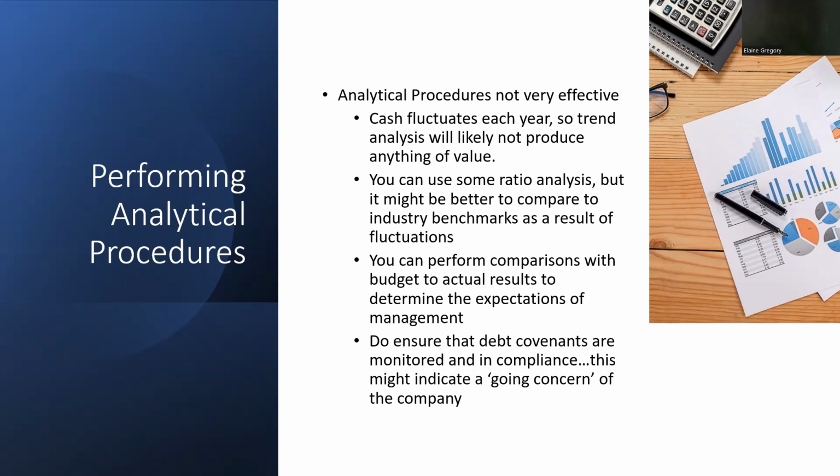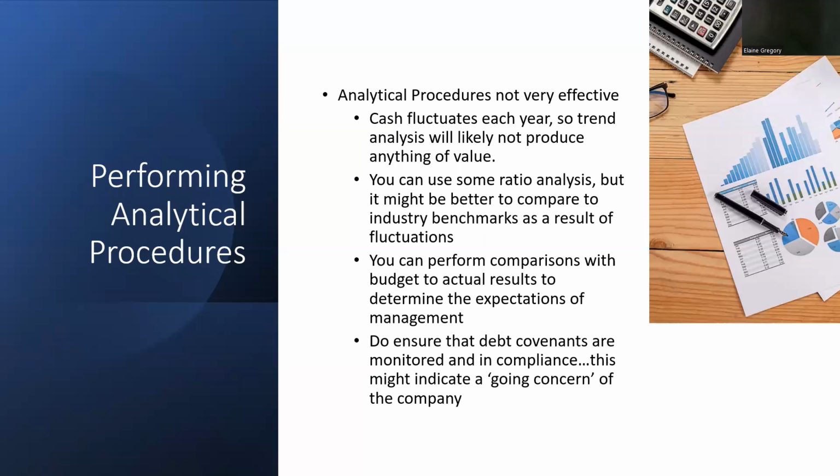And sometimes companies want to have just enough cash in the account to total assets. And then maybe what they want to do is set aside other amounts of cash for perhaps investments of fixed assets or securities. You can use some ratio analysis in there, but it might be better to compare those ratios to industry benchmarks instead of to past history of the company because of those fluctuations in cash.